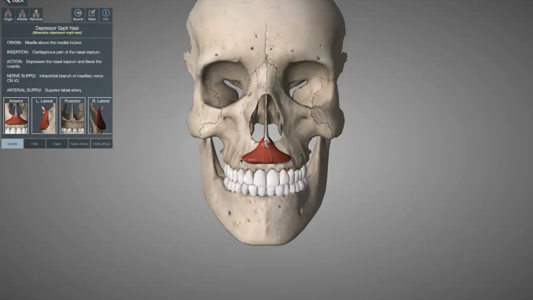These are incisors, they are medial. It originates from the maxilla above the medial incisors and inserts into the nasal septum.